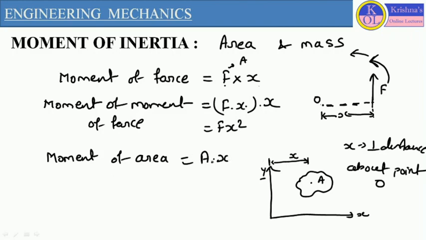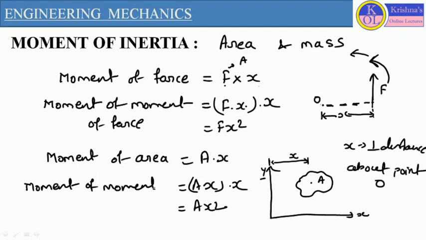Now if we multiply this Ax again with this perpendicular distance x, this term Ax into x will be Ax square. This term is called moment of area.